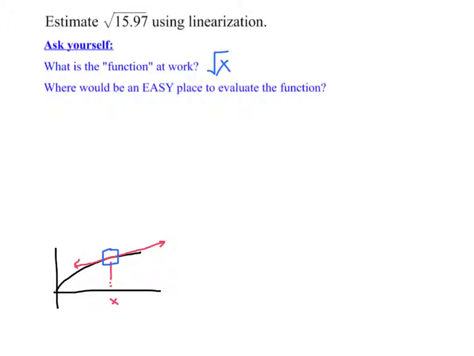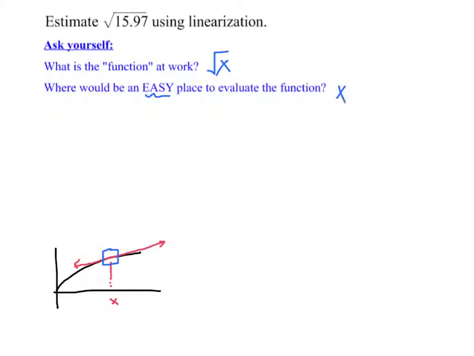And I'm going to try and exploit that relationship between the tangent line and the function, to estimate the square root of 15.97. So now you have to ask yourself, well, what would be a really easy place to evaluate the function such that I could then use the tangent line to estimate the square root of 15.97.